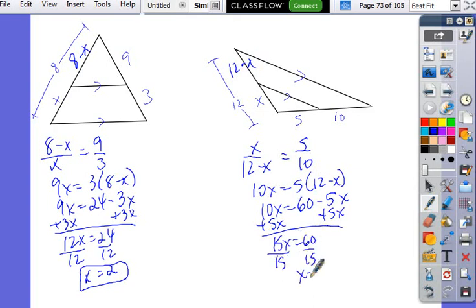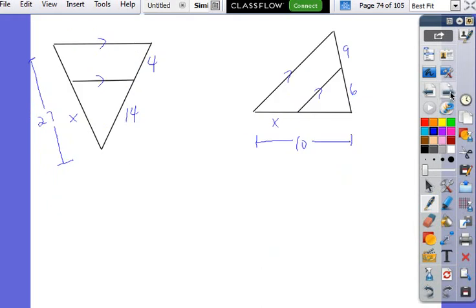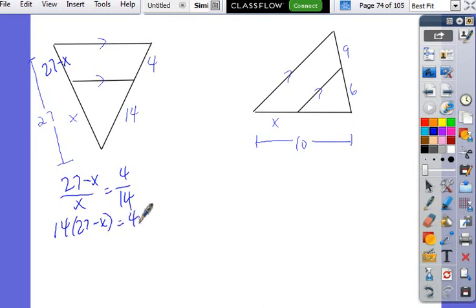So when I set up this first one, I know this piece is 27 minus x there. So 27 minus x over x and 4 over 14, the way I set it up. 14 times 27 minus x equals 4x. What is that right there? 378. So 378 minus 14x equals 4x.